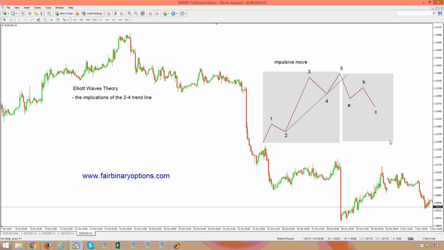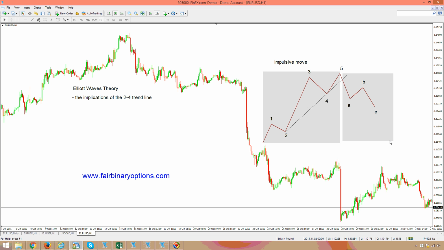Why? Because this trend line connects the end of the second wave with the end of the fourth wave. It assumes that you already know the end of the second wave and the end of the fourth wave. Again, not the lower part of the second wave, not the lower part of the fourth wave, but the end of both waves. So you gotta be careful on that.